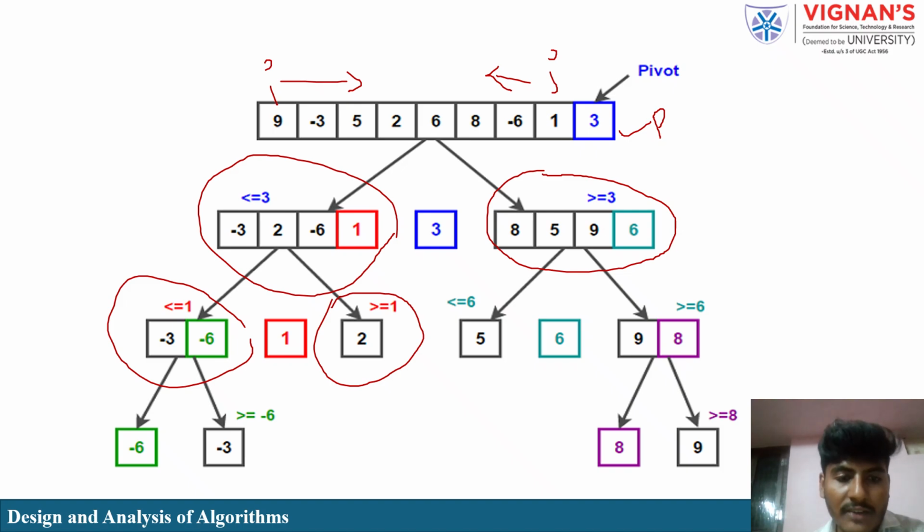Again sort the left and right subarrays recursively. Here there are two elements, we can sort them recursively. Like that we can sort the right subarray until a single element is found. This is the divide and conquer approach. After dividing we can combine every element into a sorted array.